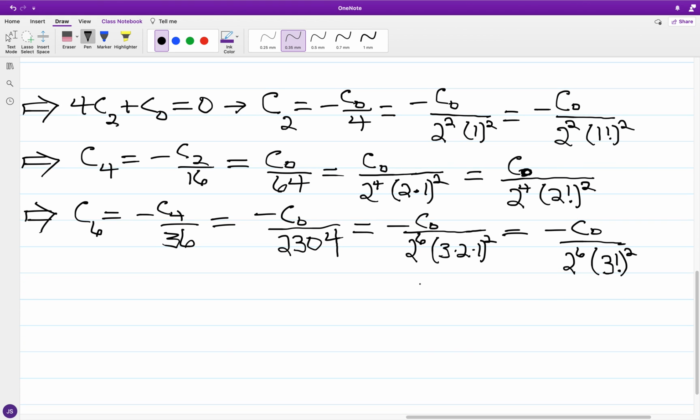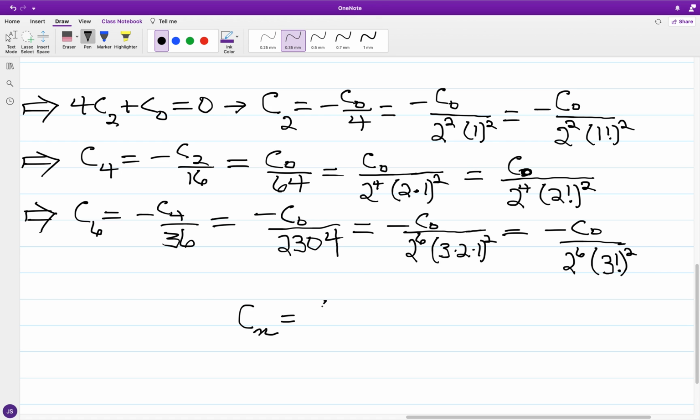So you have even subscripted values, like c of 2, and this will be your c of n. And if you notice, you have alternating between negatives and positives.